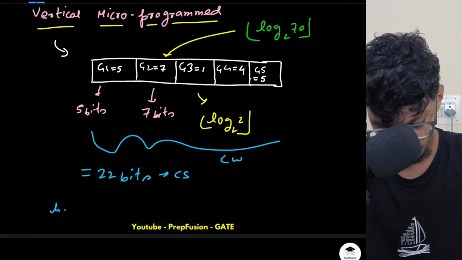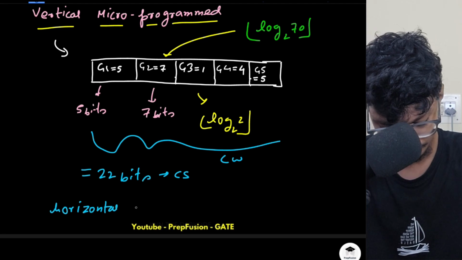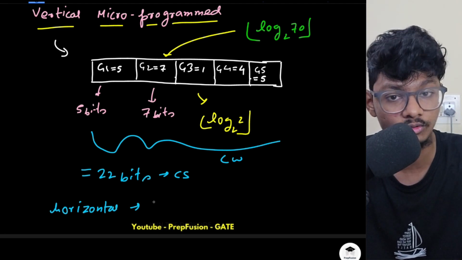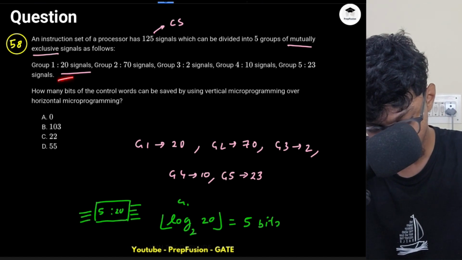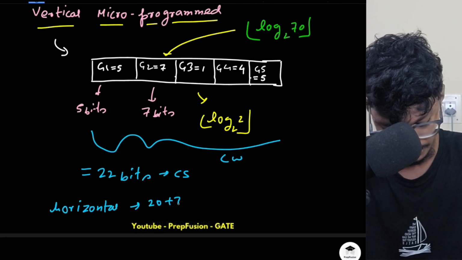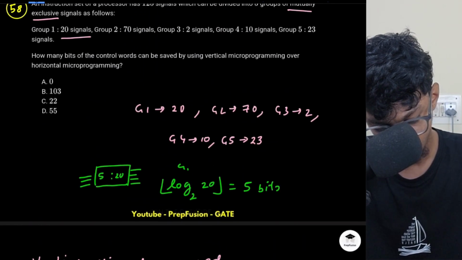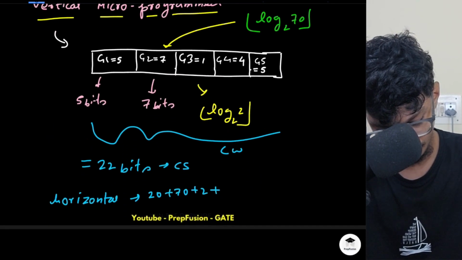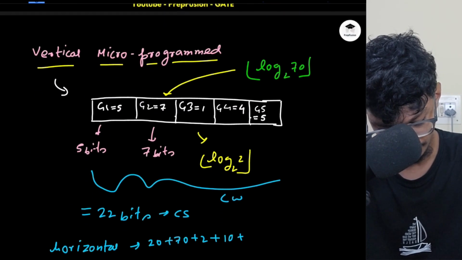In horizontal microprogram, for control signals specifically, I would have had to give all the bits for the control signal. How many total control signal bits? 20 plus 70 plus 2 plus 10 plus 23.